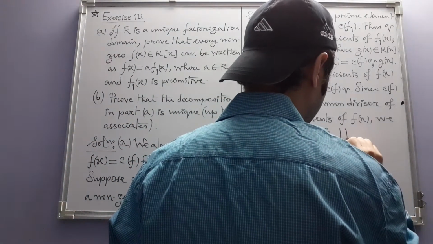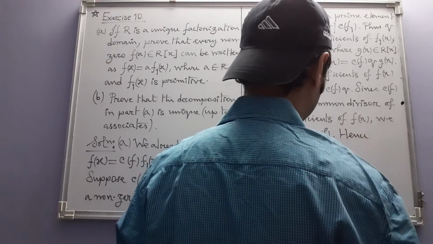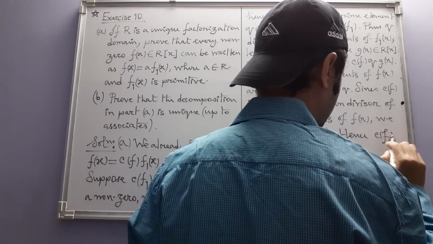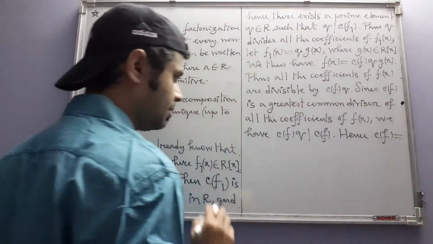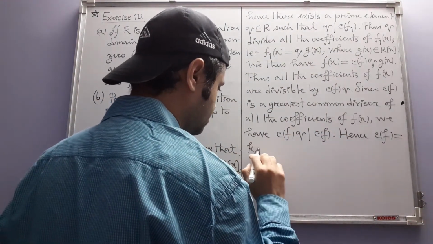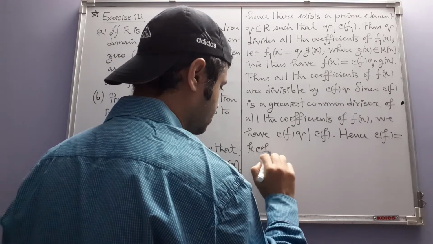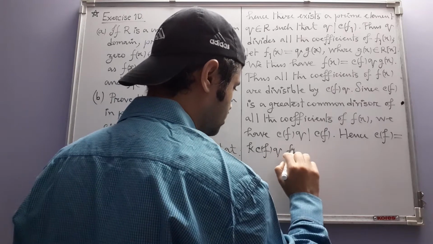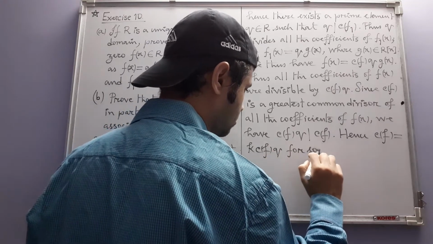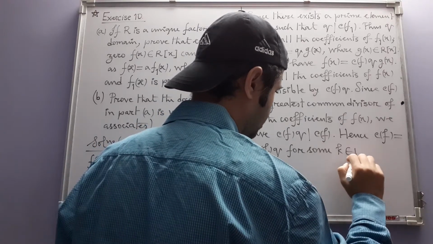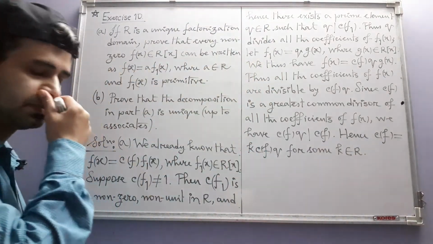Hence CF is some K times CF times Q for some ring element K.